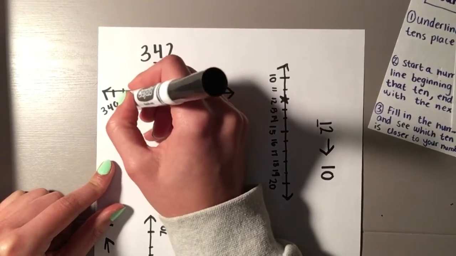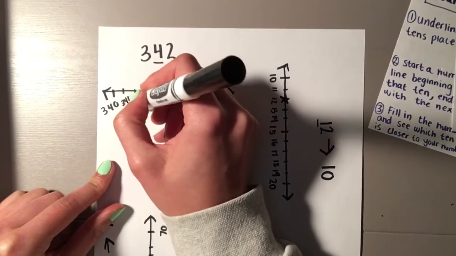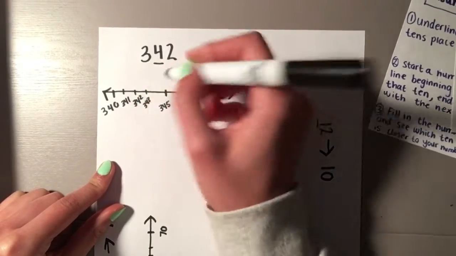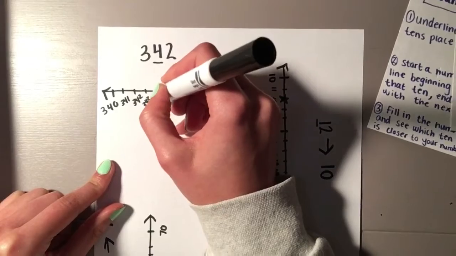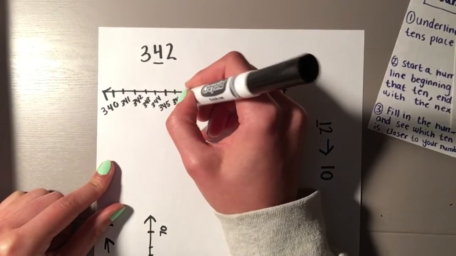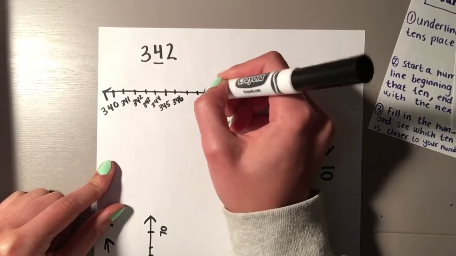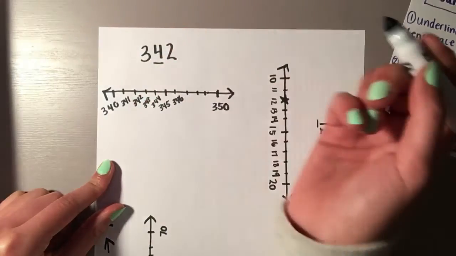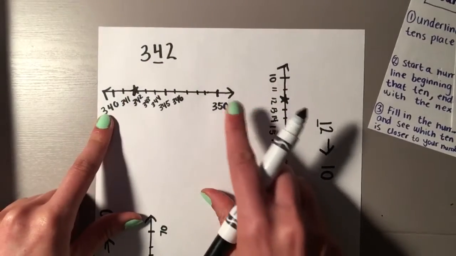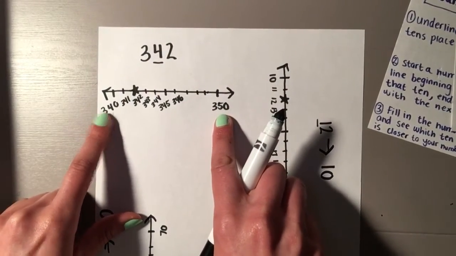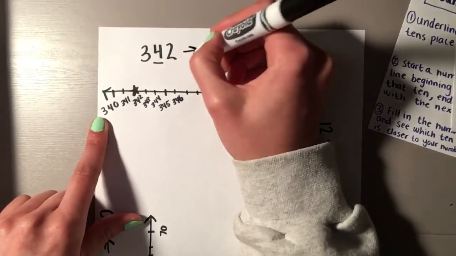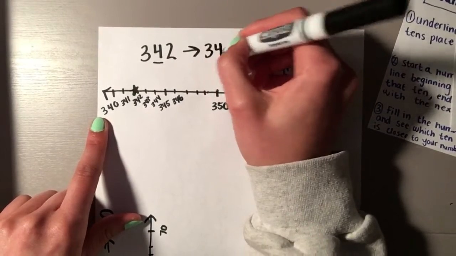So 341, 342, 343, 344, 345, 346, 347, and so on. And then you would say, okay, find my number. Is it closer here or here? I can see it's only 2 steps away from being 340. So 342 rounds to being 340.